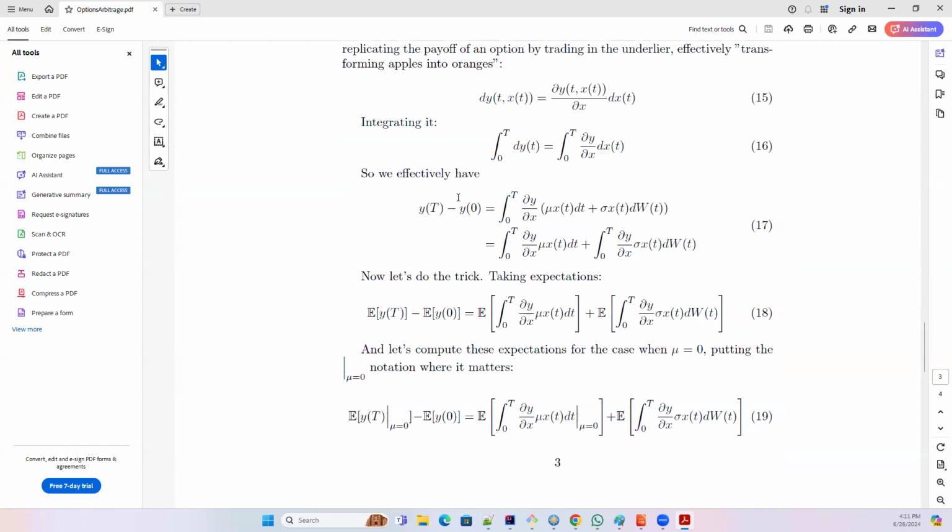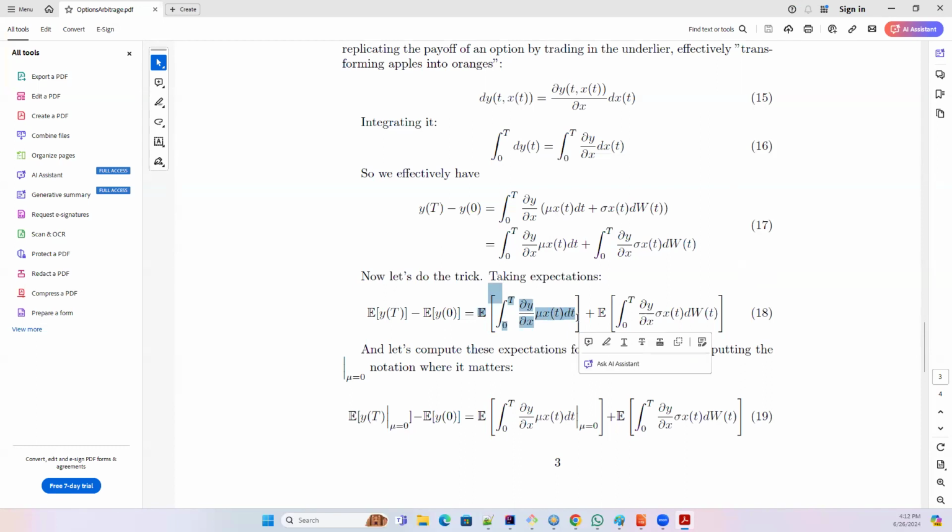If this is valid, it's also valid in expectations. We can take this expectation using any mu, any drift, but let's take it for mu equals 0. For the hypothetical, it doesn't matter what the actual real mu of the market is. Just for the sake of computing, we'll take this stuff being 0. And since this stuff is multiplied by mu, it disappears.